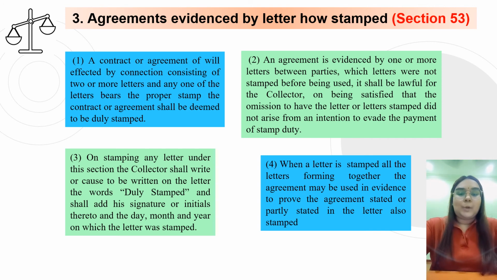The third subsection: on stamping any letter under the section, the collector shall write or cause to be written on the letter the words "duly stamped", and shall add his signature or initials and the day, month and year on which the letter was stamped.